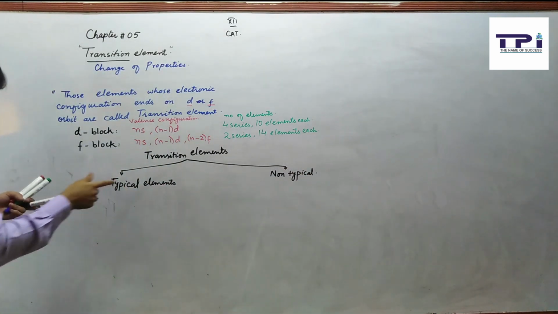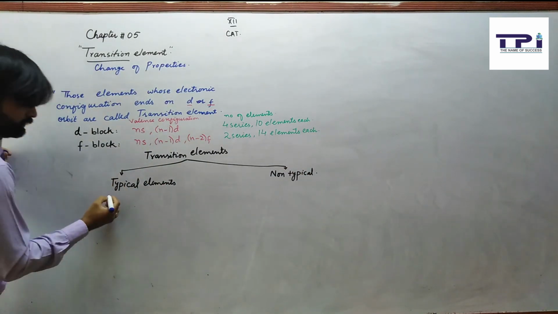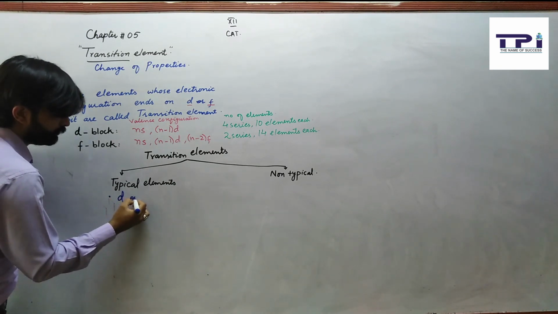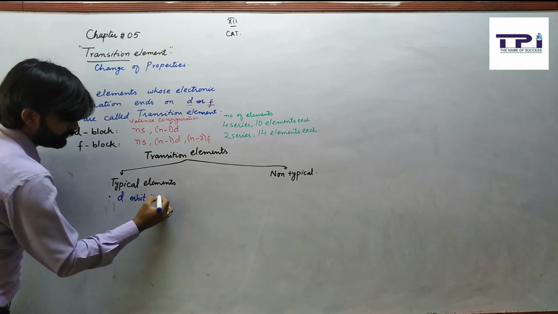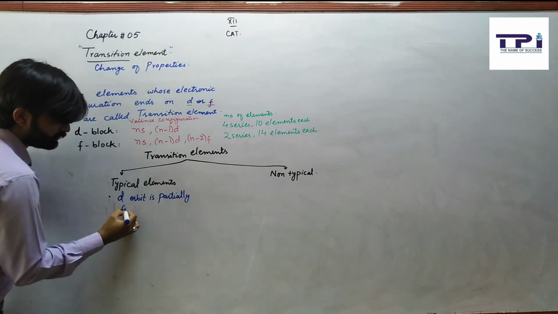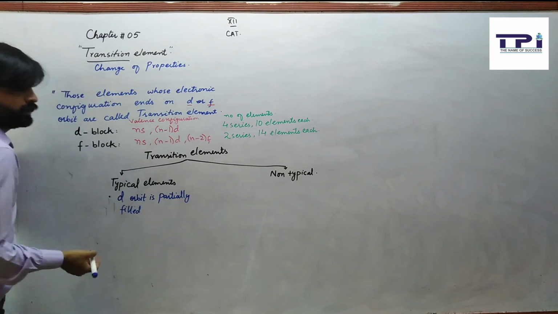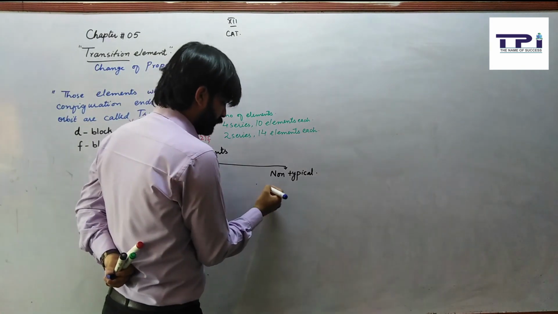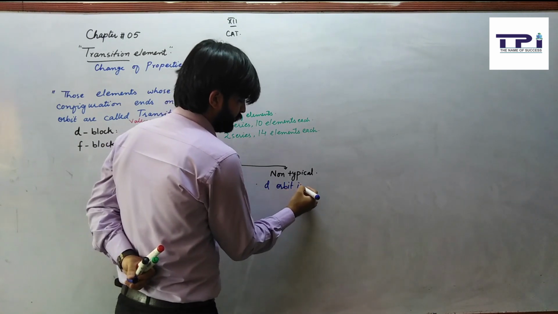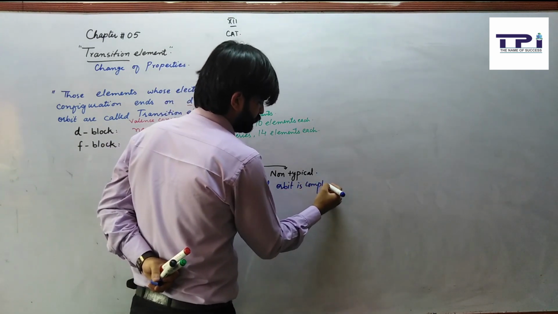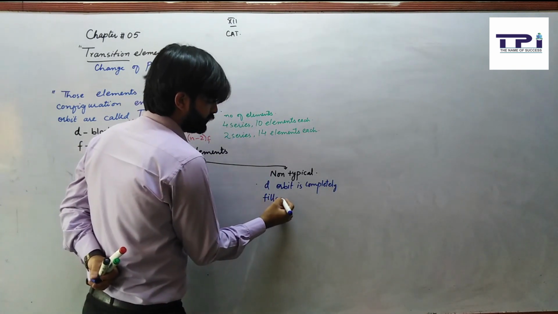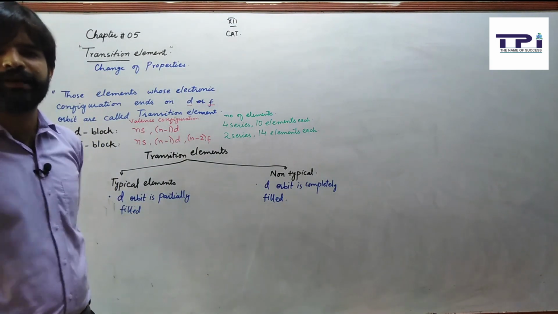For the sake of typical element, you have to remember that elements whose d orbit is partially filled. And for non-typical, you have to remember that d orbit is completely filled, or you can say that d orbit is completely empty.